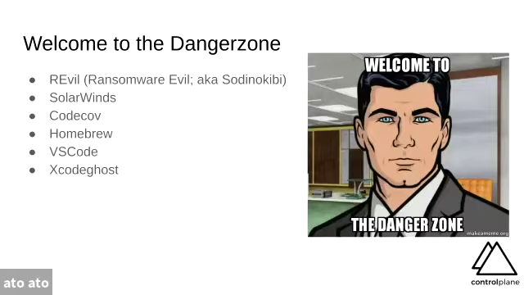Codecov and Homebrew, both slightly different types. Codecov was actually a CI/CD attack where there was a leak of credentials that allowed somebody to implant their own monitoring agent. So people in their build systems would just download this compromised agent, install it, and then again, CI/CD is remote code execution as a service.